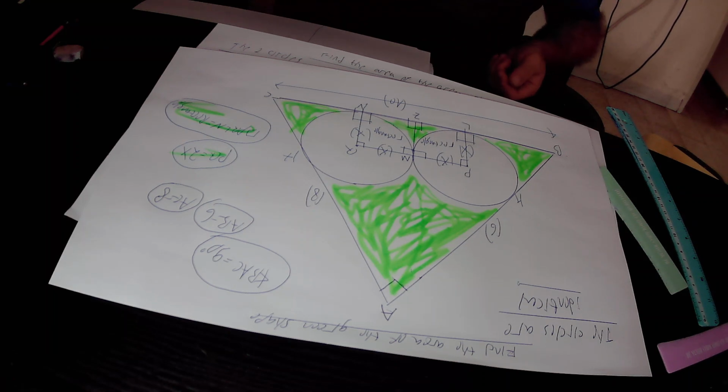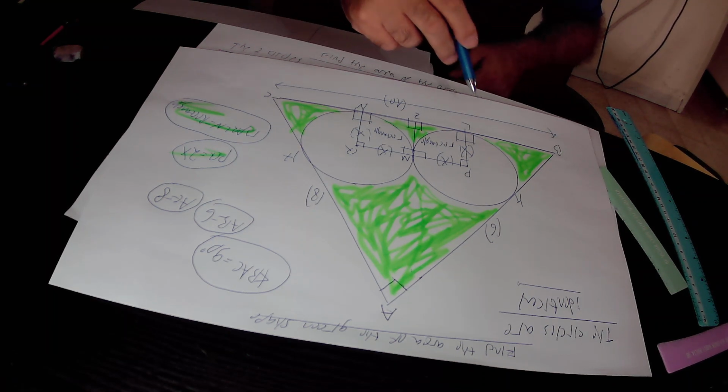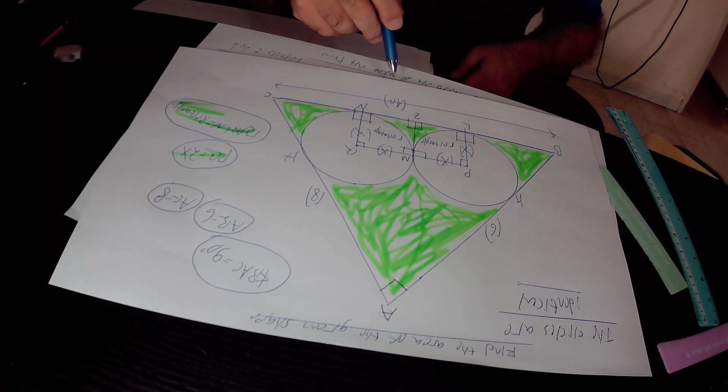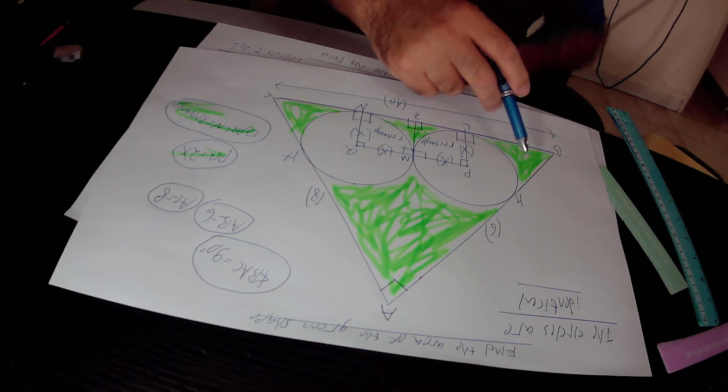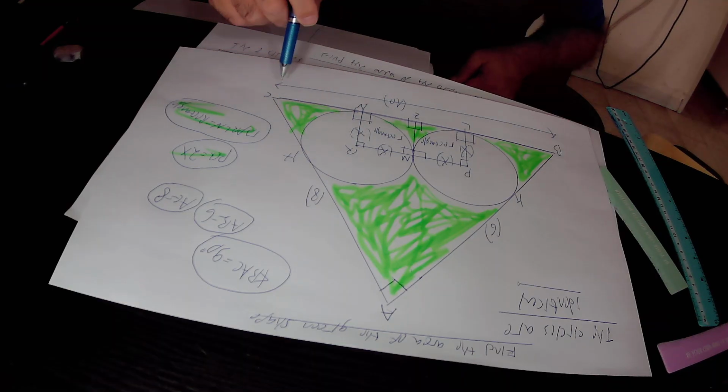So in the next step, I'll copy this big rectangle PQLN in a new drawing, and we'll find out the height of this big right triangle ABC.